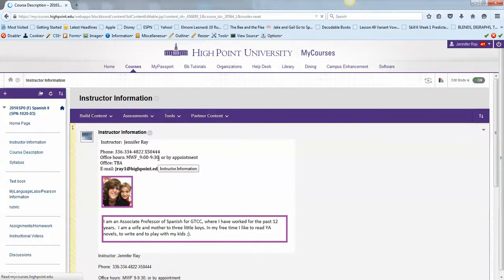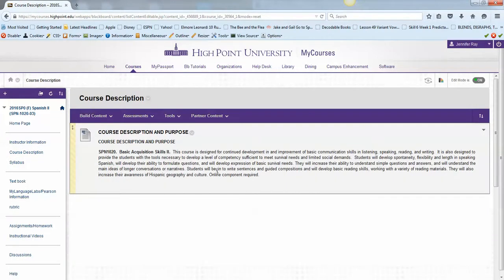And then here's the description of our class. It's designed for continued development in and improvement of basic communication skills in listening, speaking, reading, and writing. It is also designed to provide students with the tools necessary to develop a level of competency sufficient to meet survival needs and limited social demands. Students will develop spontaneity, flexibility, and length in speaking Spanish, will develop their ability to form questions, and will develop expression of basic survival needs.